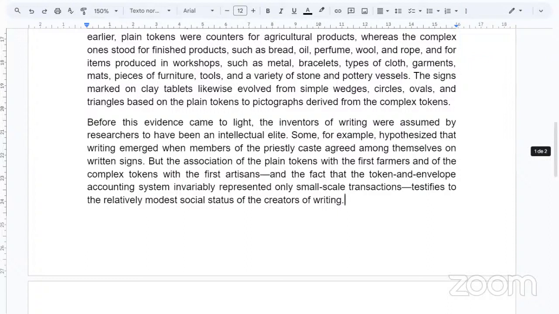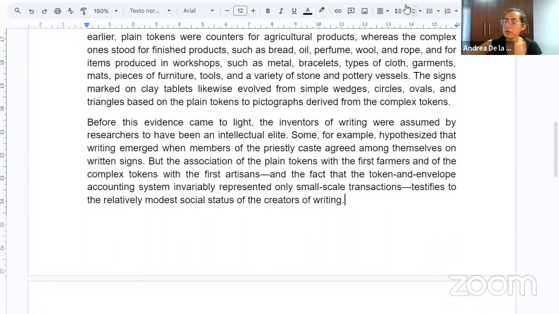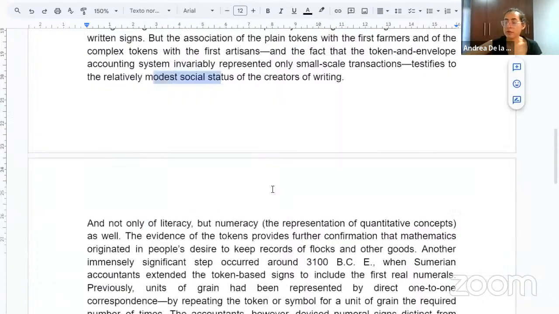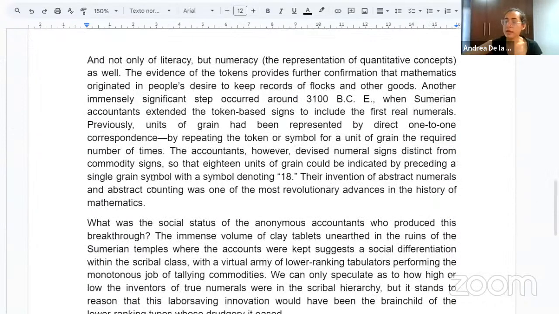The token and the account system invariably represent only small-scale transactions. Yes. So first they say that before this evidence came to light, the inventors of writing were thought to have been the intellectual elite, but then they say that it was actually farmers and artisans, right? People with modest social status. The next one.